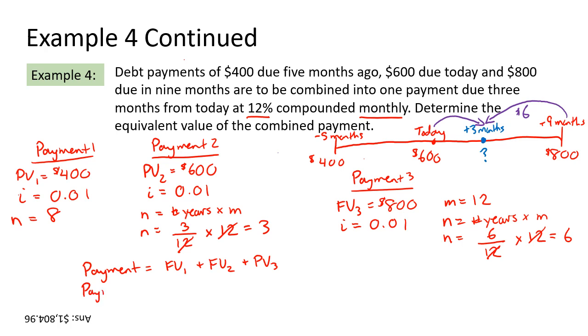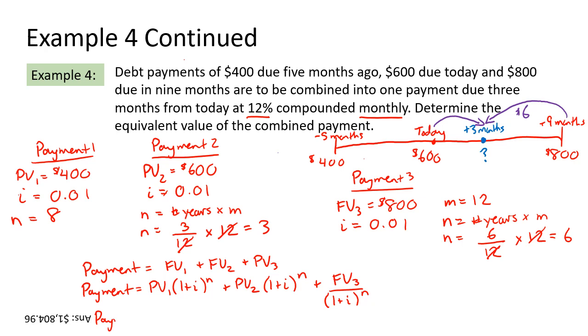So that was equal to present value for payment number 1 times 1 plus the periodic interest rate to the exponent n, the total number of compounding periods for that payment, plus our present value for payment number 2 multiplied by 1 plus the periodic interest rate i, again raised to the exponent n, plus our present value calculation for payment 3, which was the future value for that payment divided by 1 plus the periodic interest rate, all raised to the exponent n, the number of compounding periods for that question.